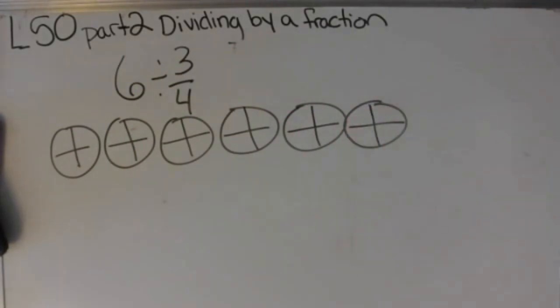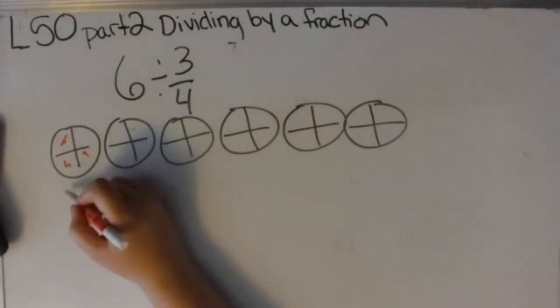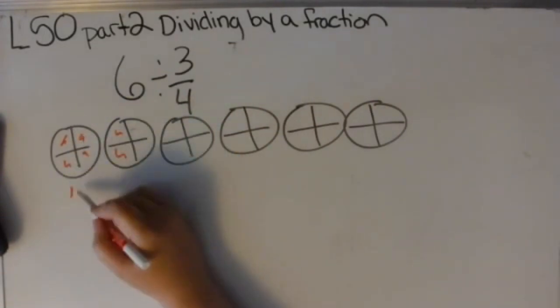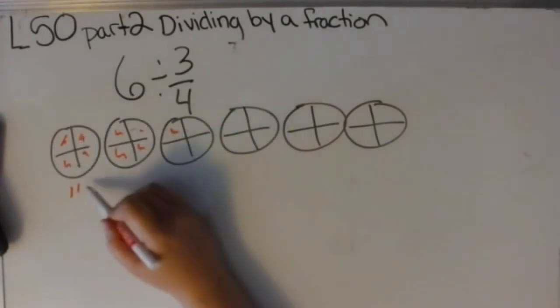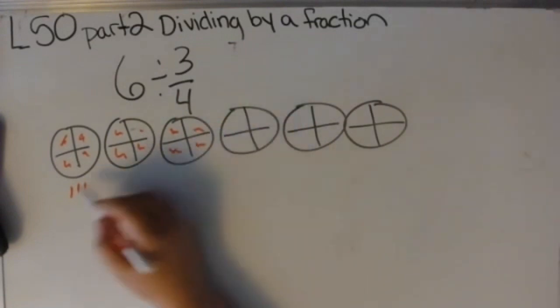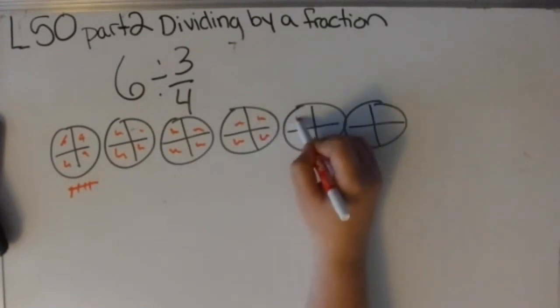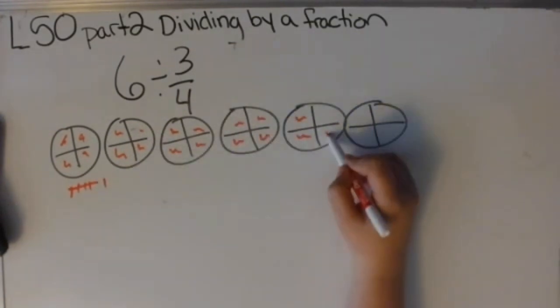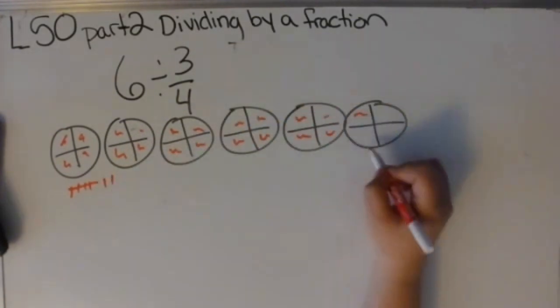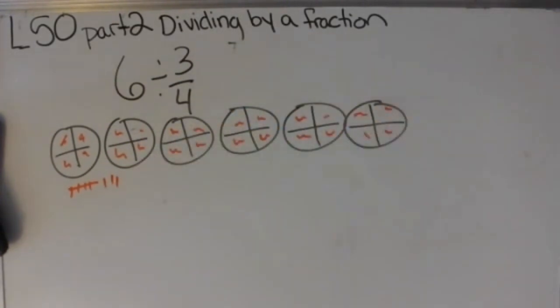Now I need to count how many 3/4 are in 6. So 1, 2, 3 is 1; 1, 2, 3 is 2; 3; 4; 5; 6; 7; 8. We have 8 3/4s in 6.